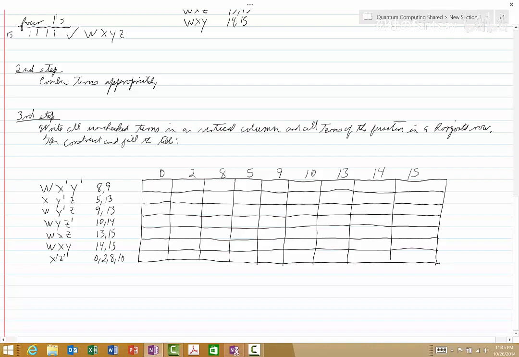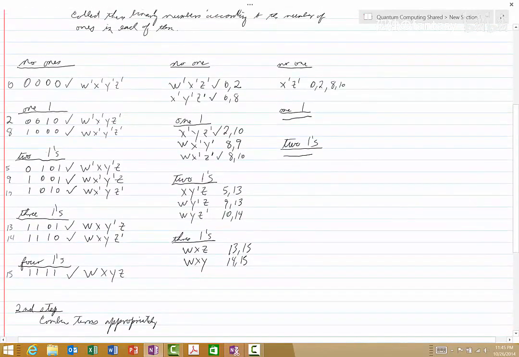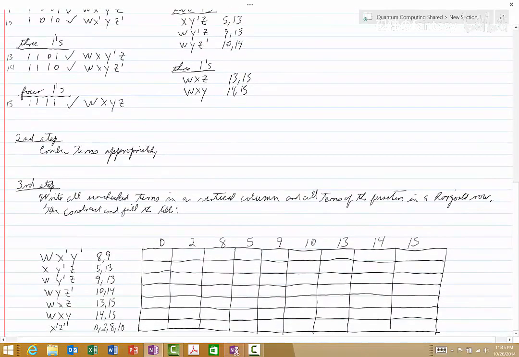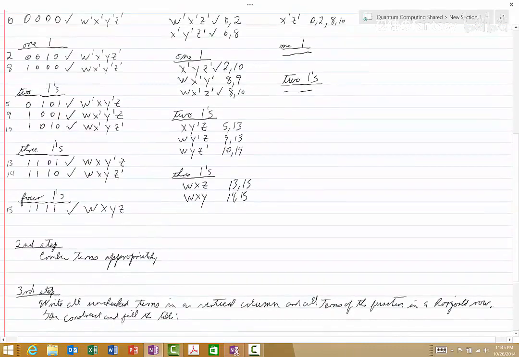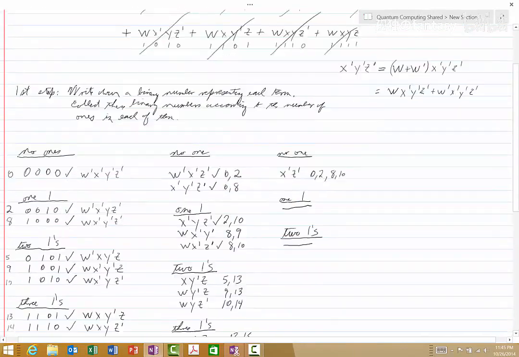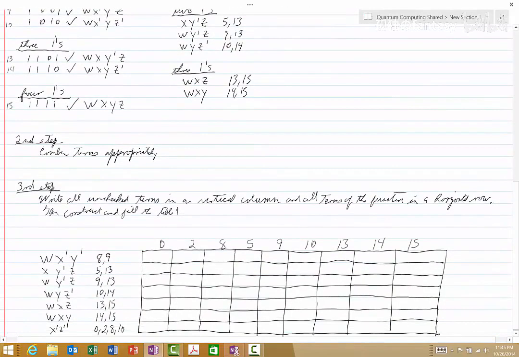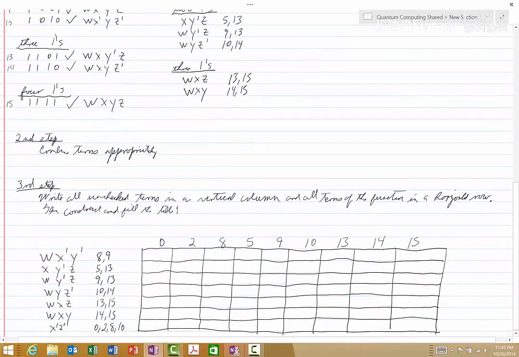Now once again, remember, this vertical column here consists of all the terms that were left unchecked as we went through combining terms here, and the horizontal numbers at the top are simply a collection of all the numbers, these numbers up here, but in decimal form, all the numbers representing the terms in our function. So now that we have this table, how do we fill it?